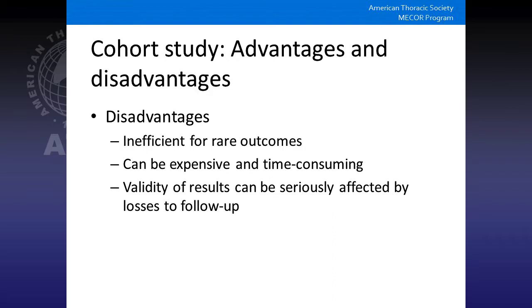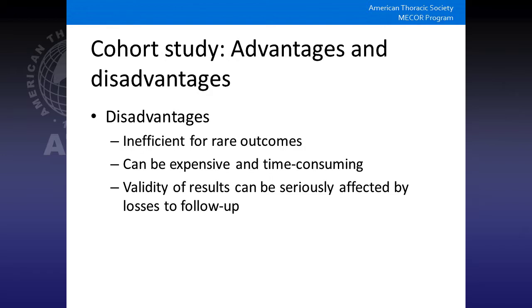So I think you can appreciate the large size of the population or the sample you would have to follow through time before you got even one or a couple of cases. And unless you have sufficient cases, it's very difficult to do analysis. So that is, in a sense, the Achilles heel, or a weakness or disadvantage, of cohort studies.